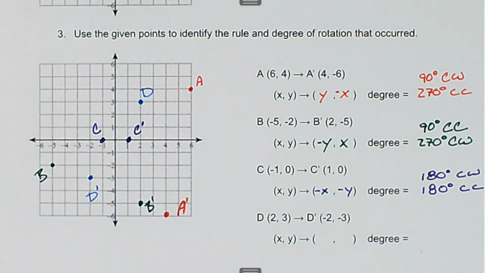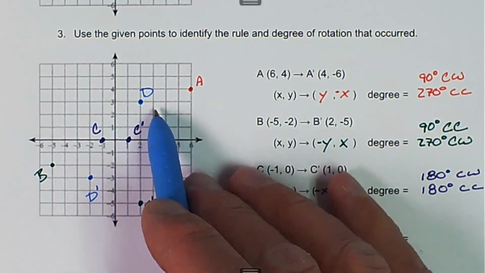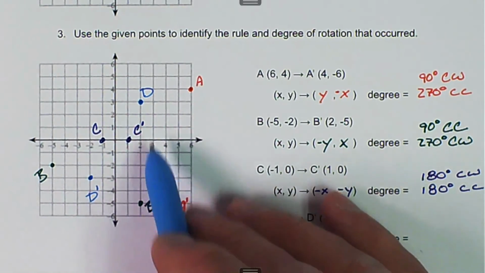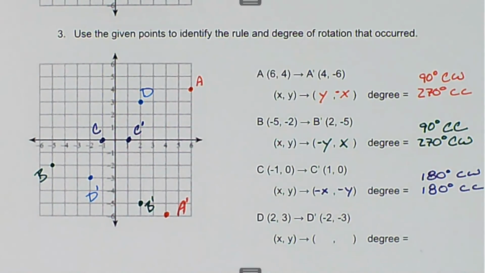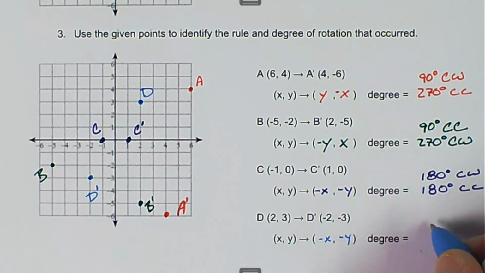And there's 2 ways to tell. Negative x, negative y, that should automatically tell us it's 180 degrees, or 2 quadrants, 1, 2. So 90, 180, 270, 360. So that's going to be negative x, negative y, and we could do 180 degrees clockwise or 180 degrees counterclockwise. So any of those will work.